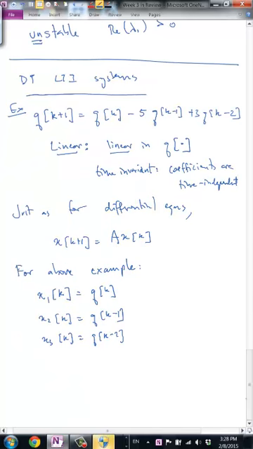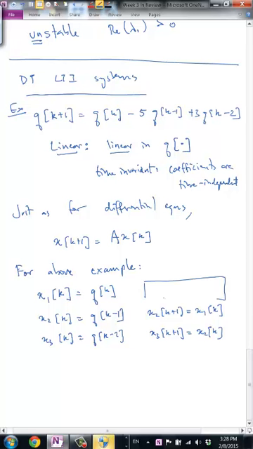And so what do we get in that case? We get that x3 of k plus 1 is equal to q of k minus 1, which is just x2 of k. x2 of k plus 1 is equal to x1 of k.